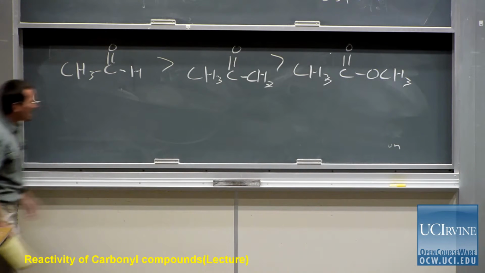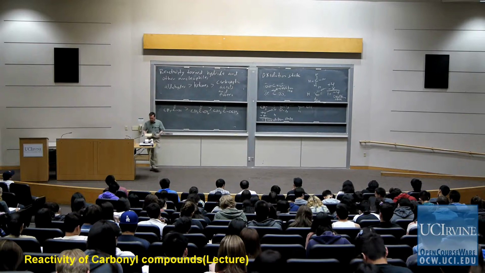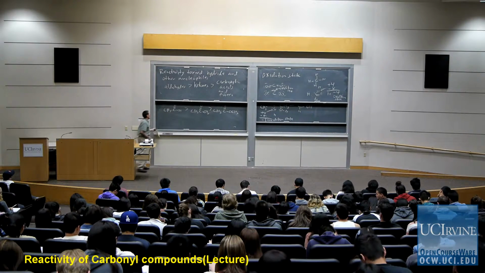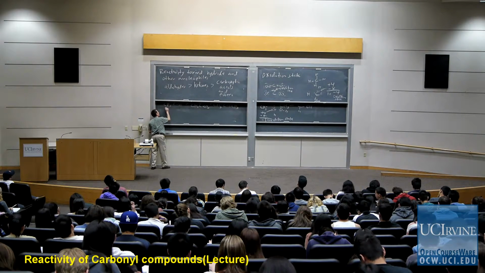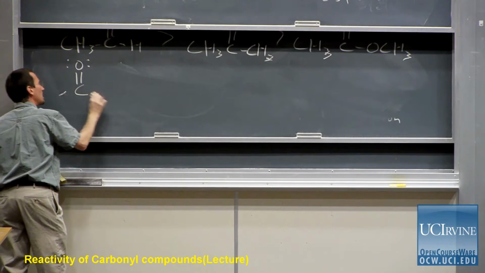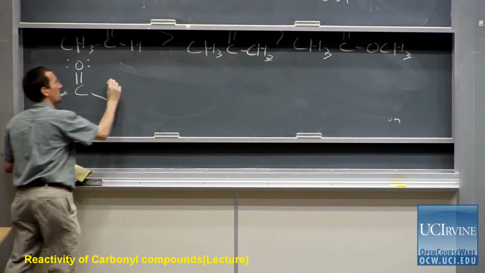So why can we think of this way? Well, think about our resonance structures. You think about the carbonyl resonance structure, and you'd say, okay, we have two resonance structures that we need to worry about in general for a carbonyl group.